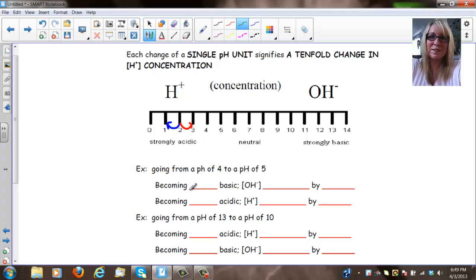So when we go from a pH of 4 to a pH of 5, we're becoming more basic because we're going closer to 14. So the OH concentration is increasing by basically 10 times.